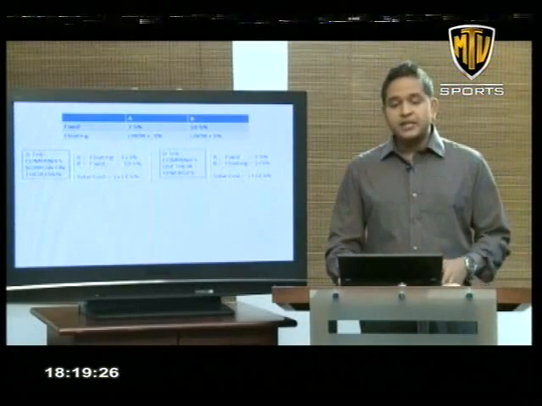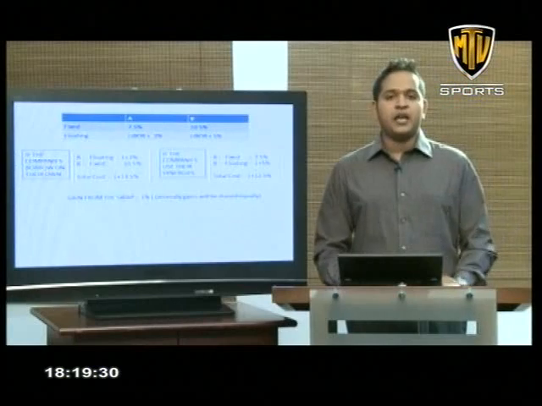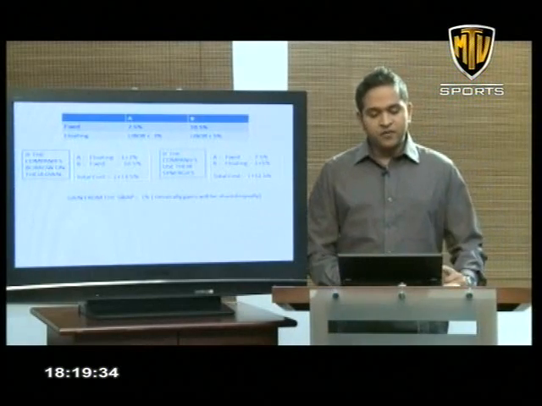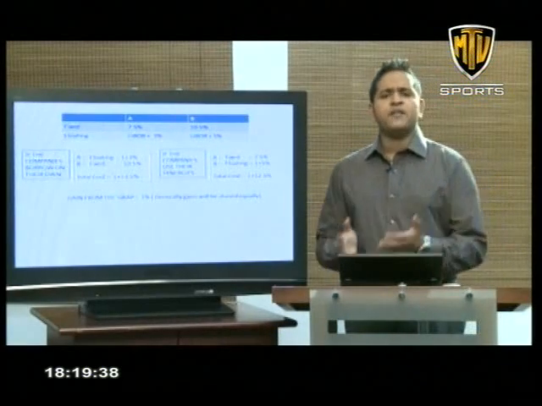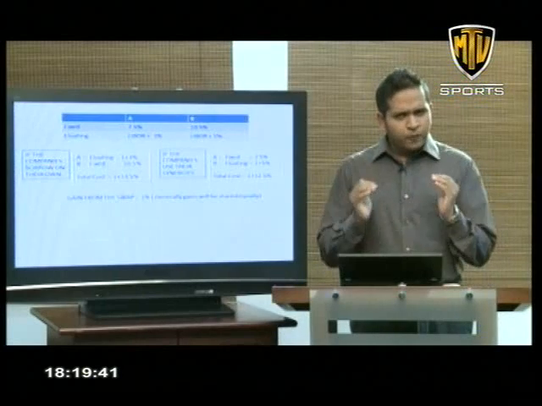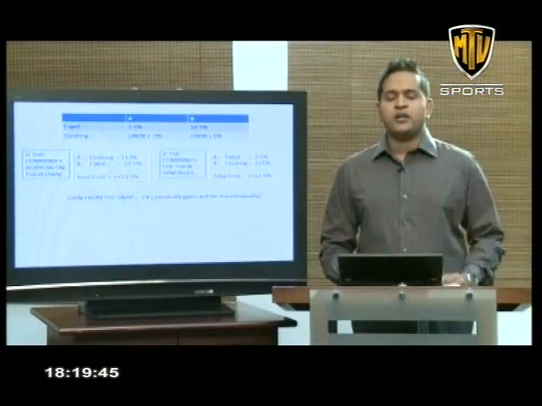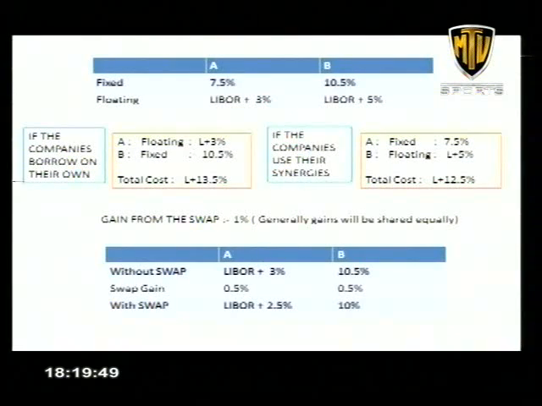So you will see there is a gain of 1%, and in scenarios where they don't specify, generally the gain is shared half, 50-50. Let's assume you're sharing the gain 50-50, meaning both the parties should gain 0.5 through this swap arrangement. I hope you understand how the calculation is helping them understand that there's a possibility of taking a gain, and they're leveraging the synergy to get some benefit out of this.